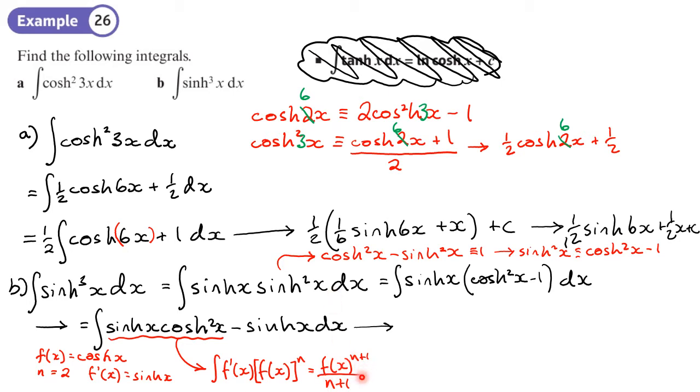So 1/3 cosh cubed x. And then the sinh will just differentiate to cosh... sorry, integrate to cosh. That's just a standard result. So minus cosh x plus c. So there's our final answer for part B, and our answer for part A was over here.